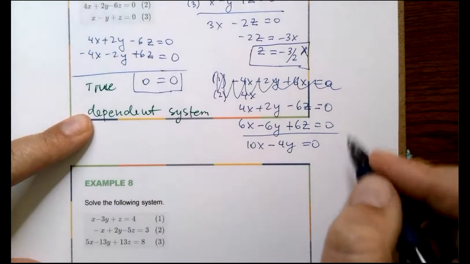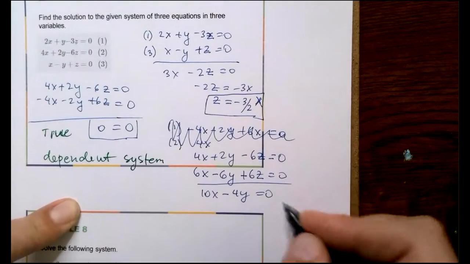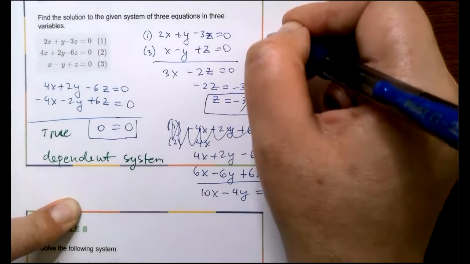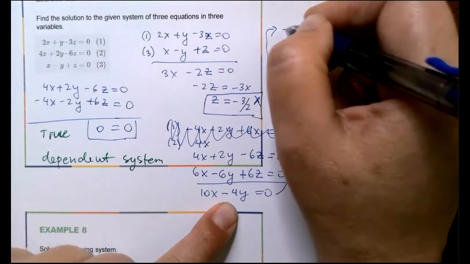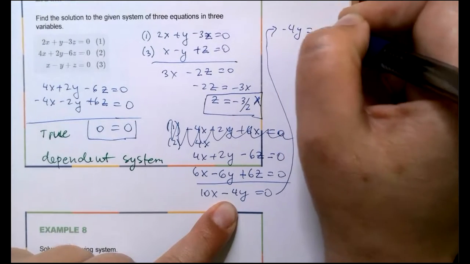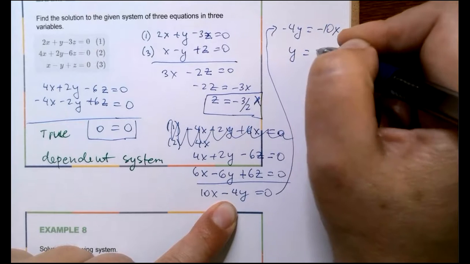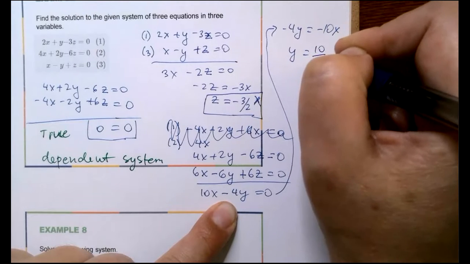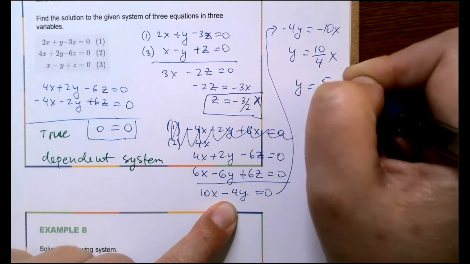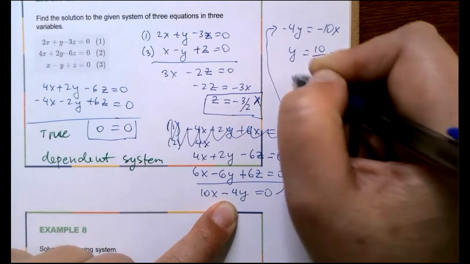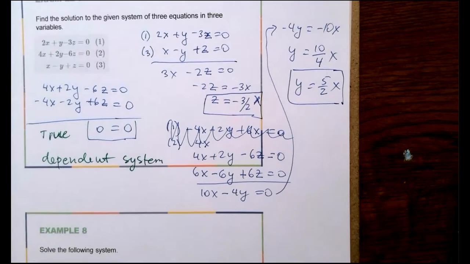So negative 4y equals negative 10x, so y equals 10 over 4 x. So y is 5 halves x, and this is my expression for y.